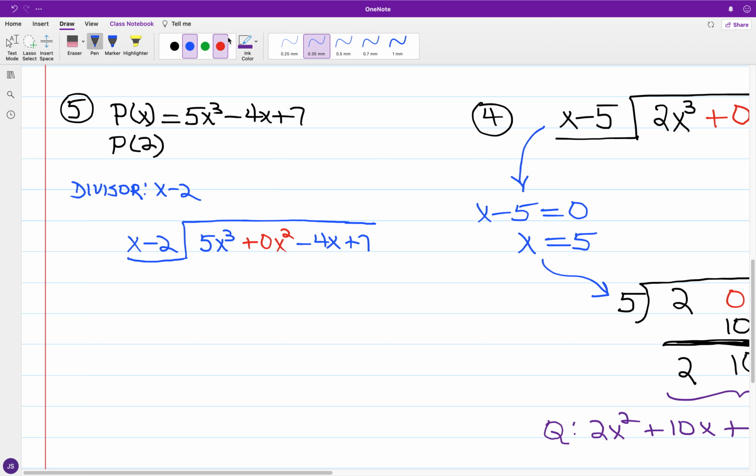Now I could take the long division route, but I'm going to go with synthetic again. So if x minus 2 is 0, then x is equal to 2.